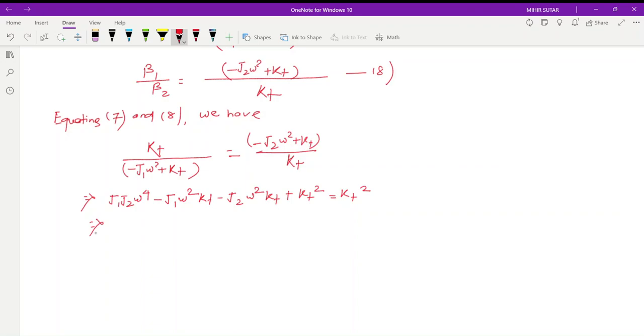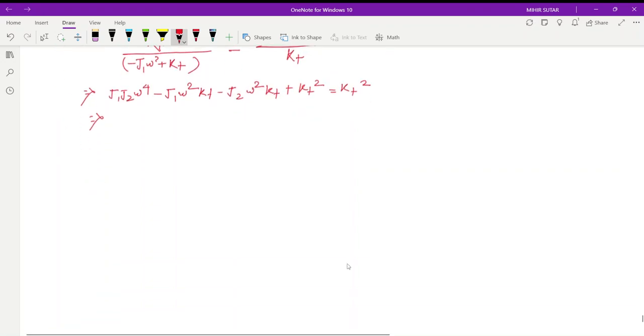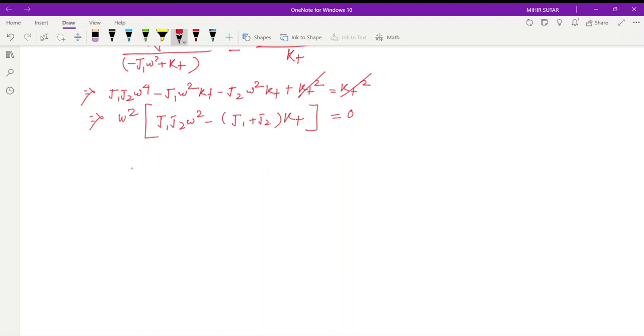So if we reduce this further, taking omega square common, we'll have omega square times J1 J2 omega square minus J1 plus J2 of Kt is equal to 0, because this will get cancelled out.